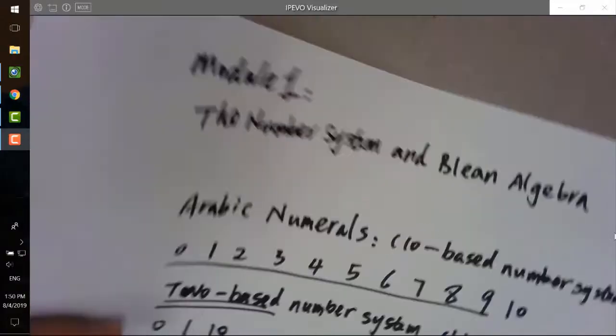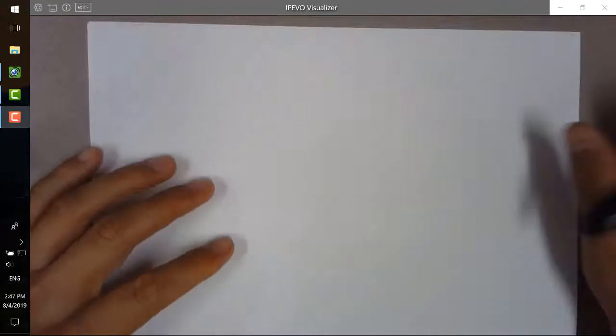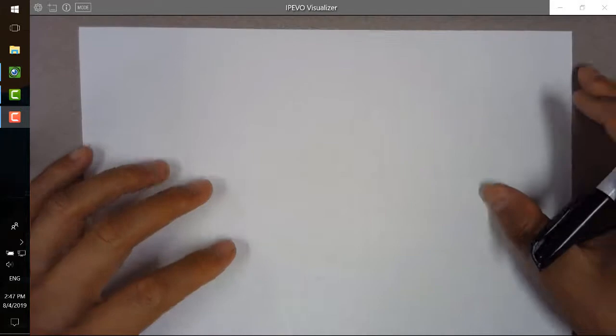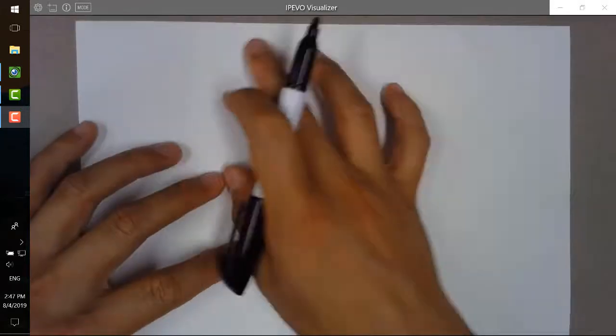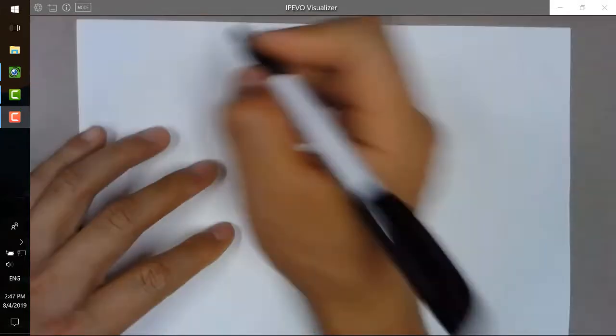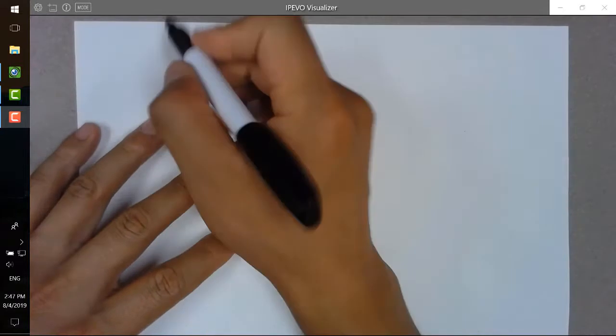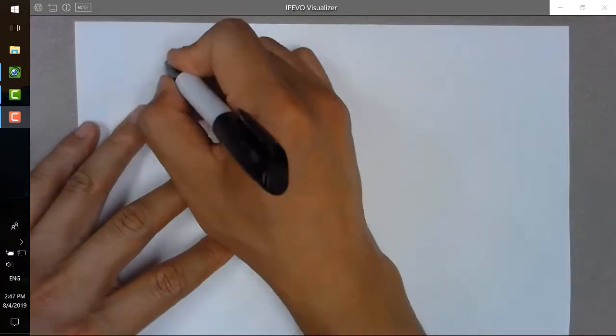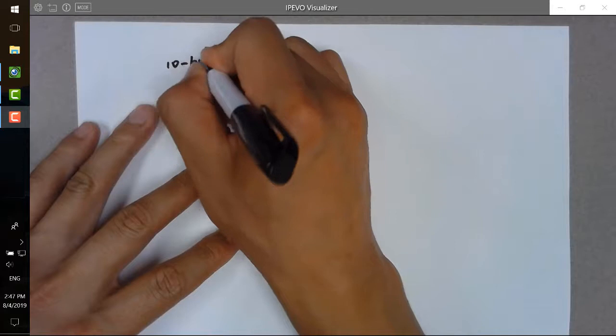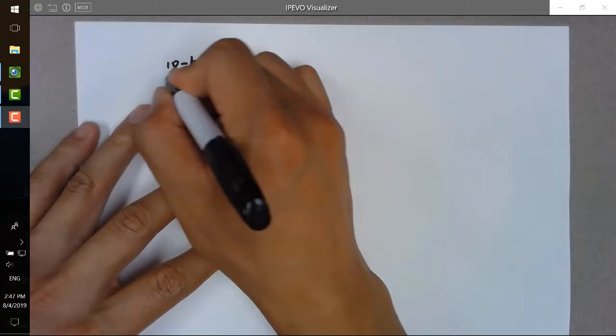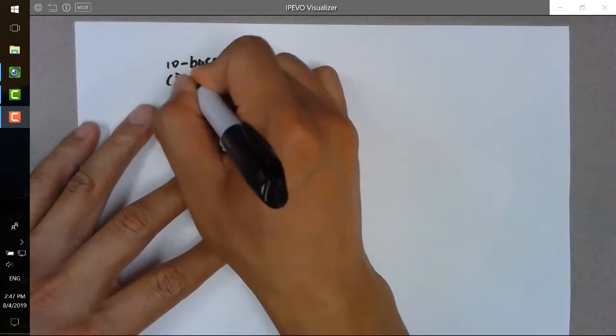All right, now let's take a look at all these number systems. So now let's summarize everything in one table. The first one is going to be the 10-based number system, which is also called decimal.